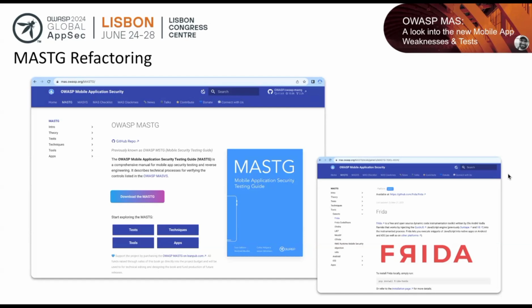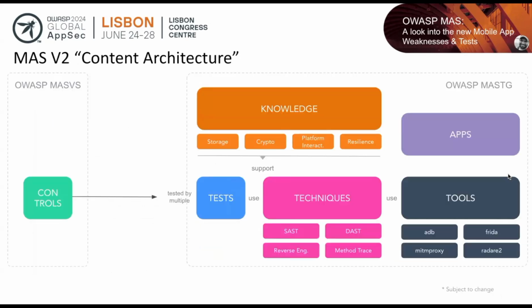And if we go to the next slide, you can see a little bit further how this whole architecture actually looks. You see on the left side, the OWASP MASVS with the controls. And of course, with the controls, there need to be tests to verify them. And as you can see on the right side with the test, this blue button here, which is the MASTG.